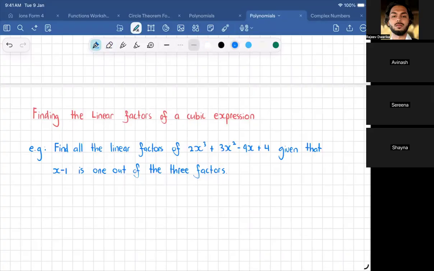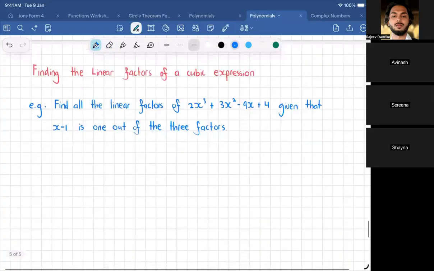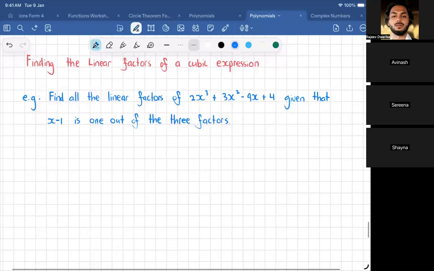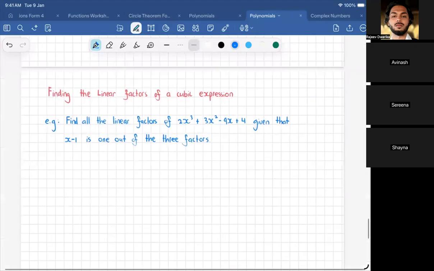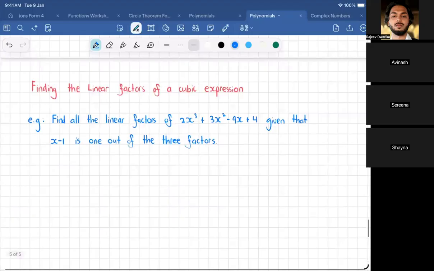Okay, so Avinash, let's run through this. If I want to find the other linear factors for this, I need to do polynomial long division. That's what I need to do. Right? Avinash, get it? Yes, sir. There's a little note I want you all to copy down.